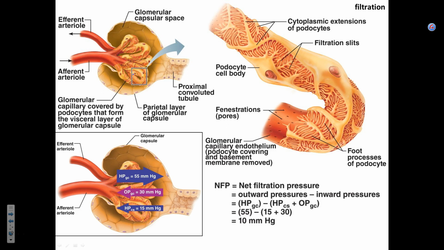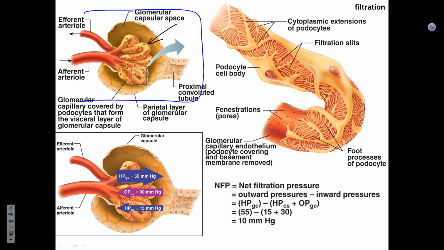So the first process that we're going to focus our attention on is the process of filtration. Now it happens in the glomerulus, remember? So that's the glomerulus. That's the capsule. Okay, so take a look at the glomerulus. So you see capillaries, can you?